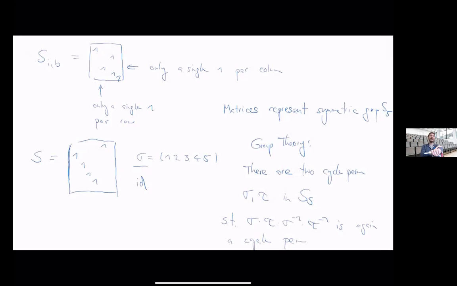So 5 is the order of the subgroup generated by this cycle. We've seen stuff like that before. In group theory, this is fact 1.